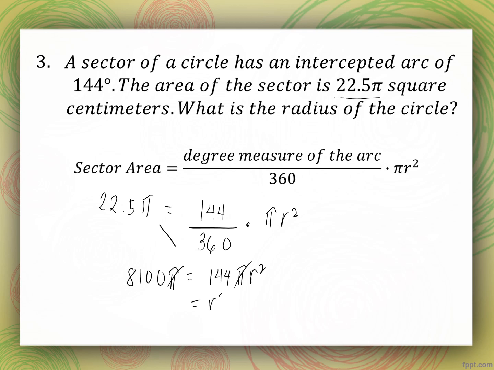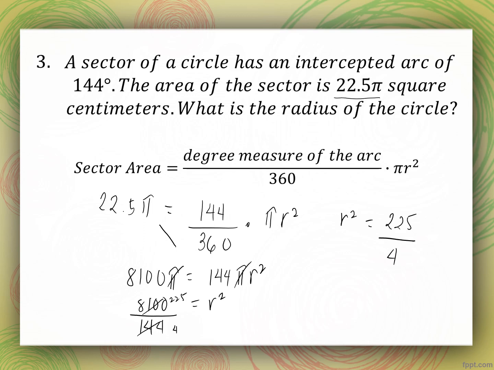So we will only have r square on the right side, and then 8,100 divided by 144. If we simplify this one, we will have 225 over 4. So r square is equal to 225 all over 4.